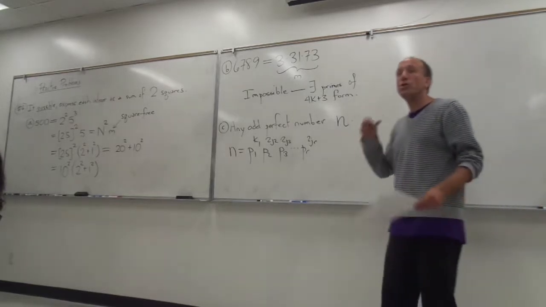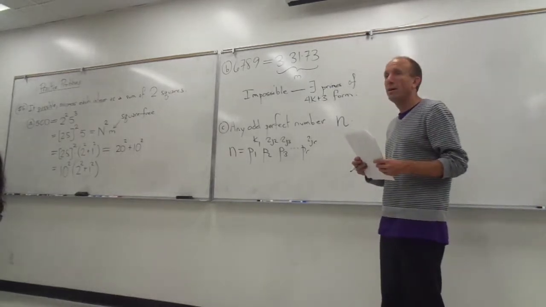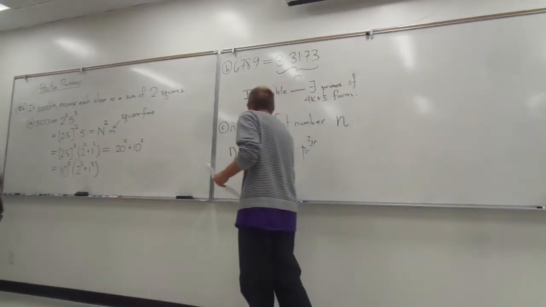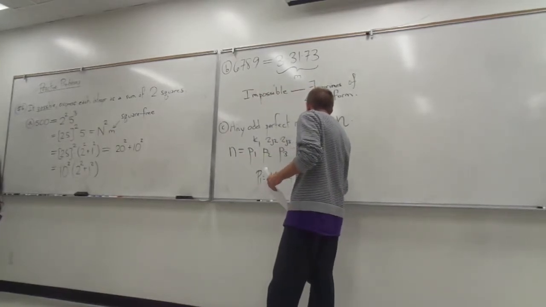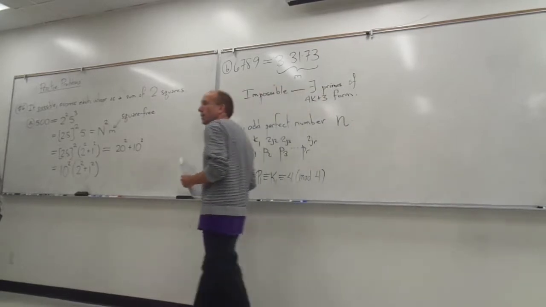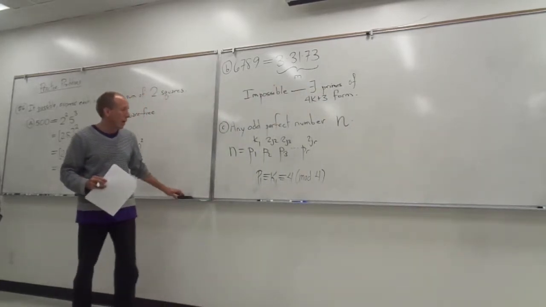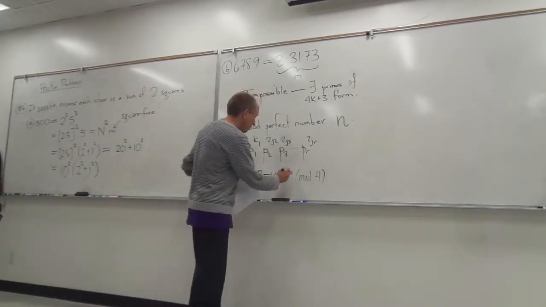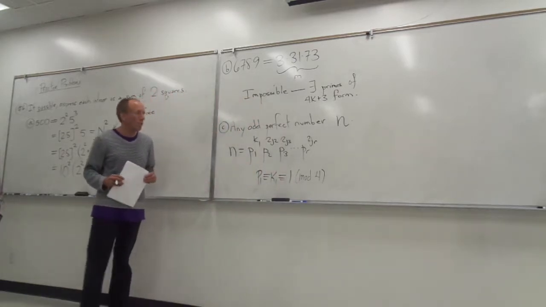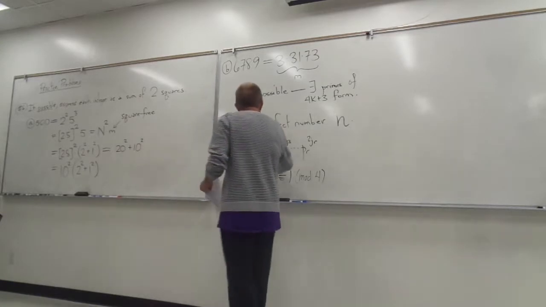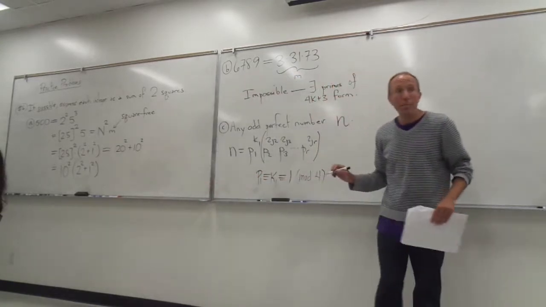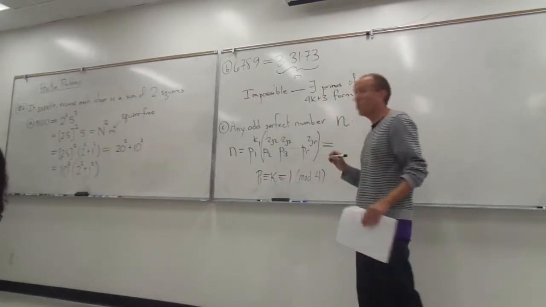And what are the other conditions here? P1 and K1 are congruent to 1 mod 4, exactly. So here's the thing. All of this part that starts with the second prime is actually a perfect square, right?